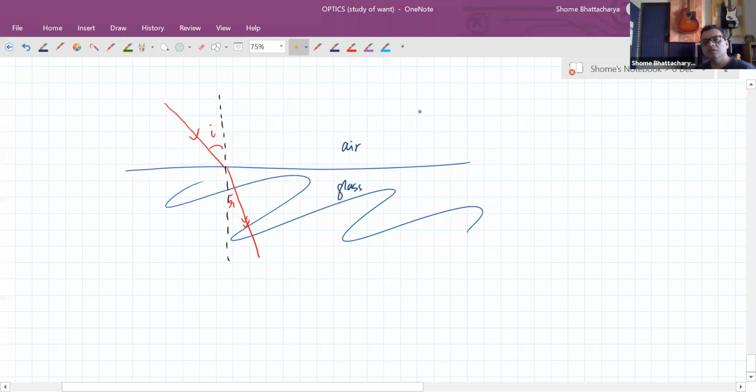But similarly, if it is going the other way, the light is generated underwater, then it will tend to bend away from the normal. So if this is my angle of incidence, let's say I1 now, this will become my angle of refraction R1.